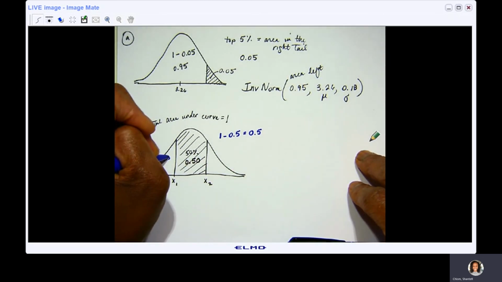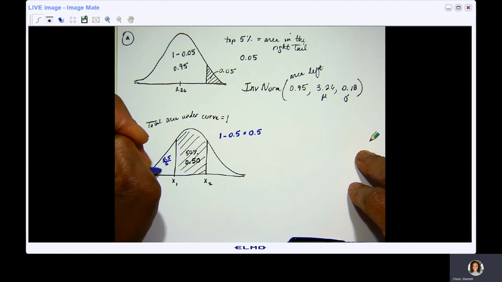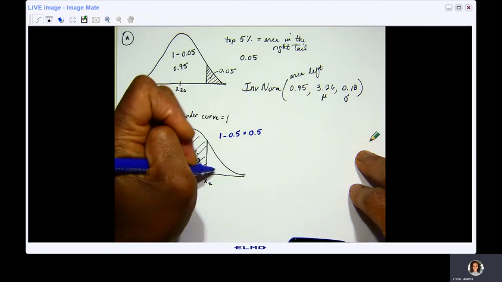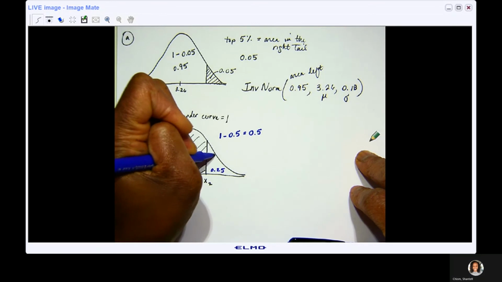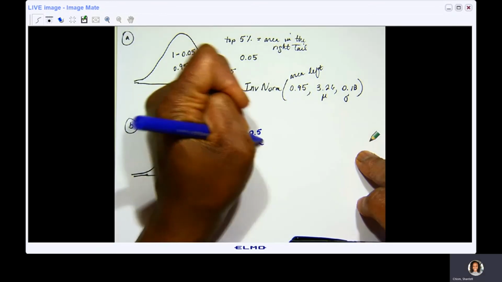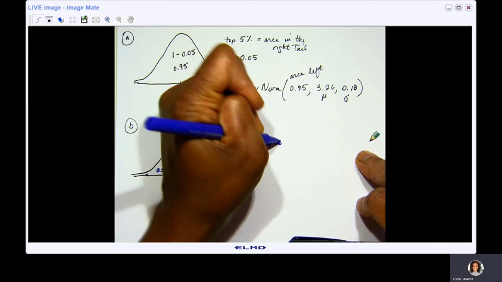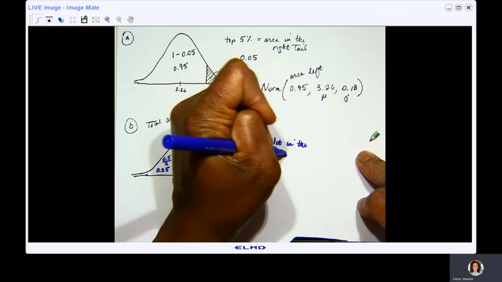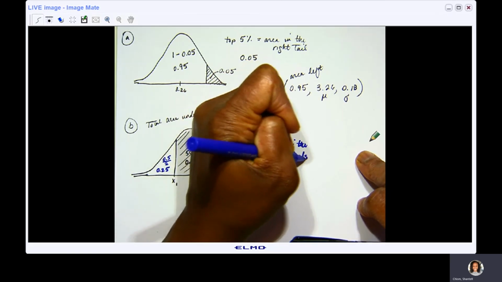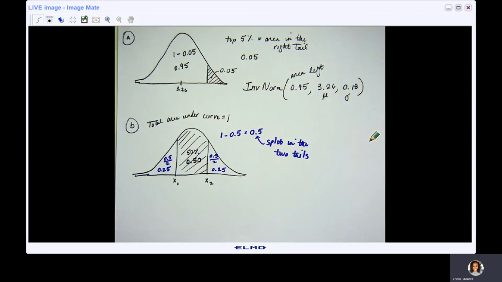So you would have half of 0.5 over here, which would be 0.25, and you'd have half over here, 0.25. So we're going to split it in between the two tails.